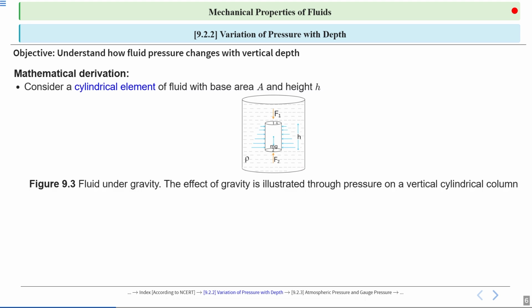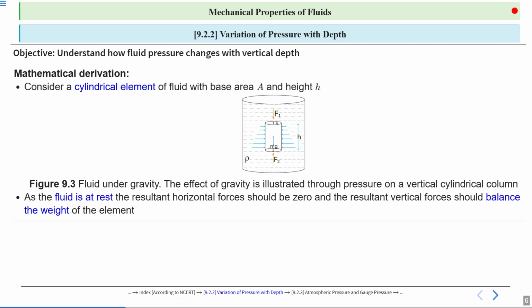So it's important to note that the fluid is at rest. This means that the resultant horizontal forces must be zero. Additionally, the vertical forces need to balance the weight of the fluid element. So here the cylindrical element of fluid with base area A and height h.